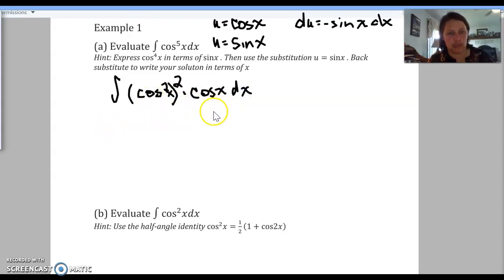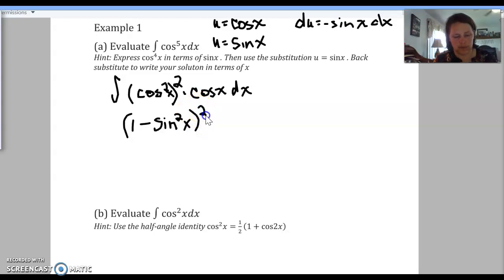This is still cosine to the fifth x. Now we want to rewrite what's inside the parentheses. So let's go with 1 minus sine squared x, all squared. Right? And we still have cosine of x out here, dx.